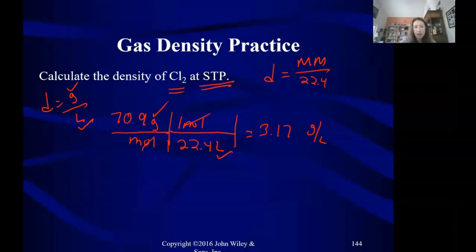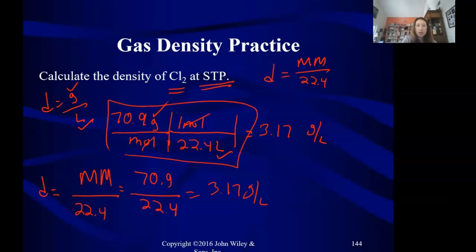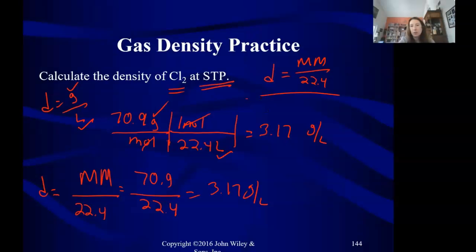But you can see the shortcut here is 70.9 over 22.4, which is molar mass over 22.4. And that's going to be your density, 3.17 grams per liter. But here's the work that shows it. A lot of times people just remember this formula.